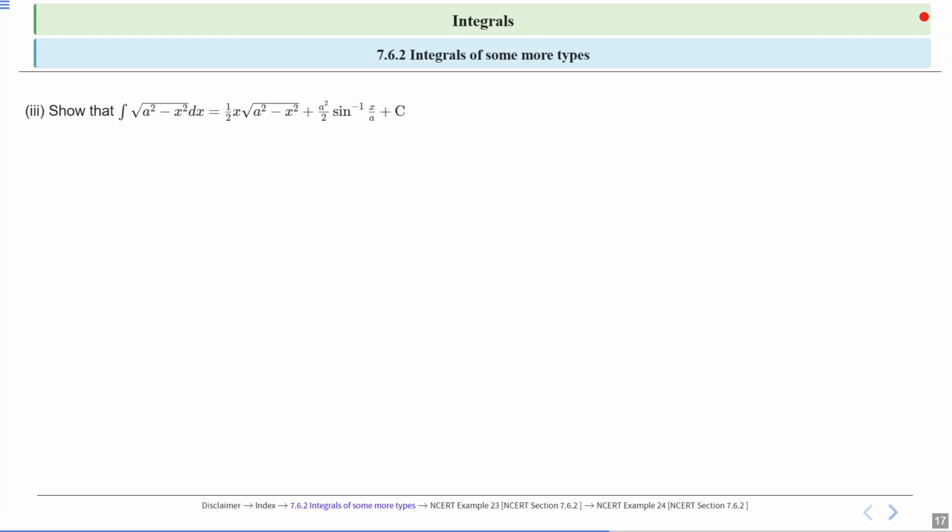Now the third special case is integration of root under a square minus x square dx is equal to x by 2 root under a square minus x square plus a square by 2 sin inverse x by a plus c.